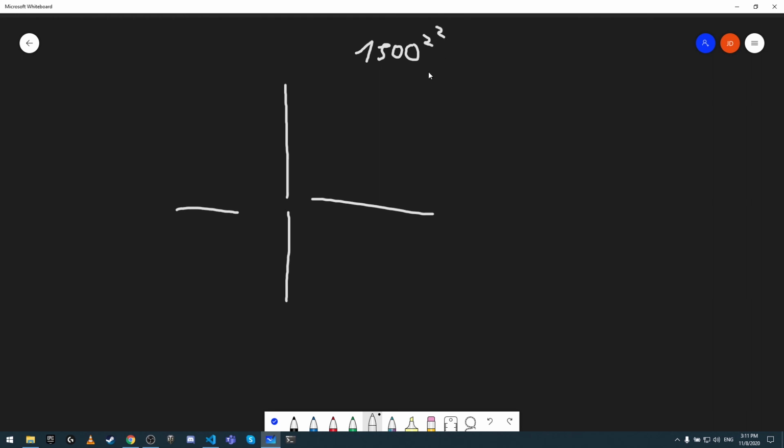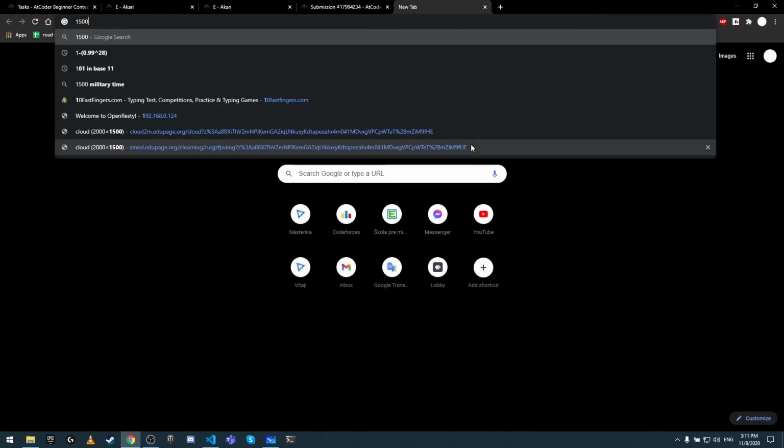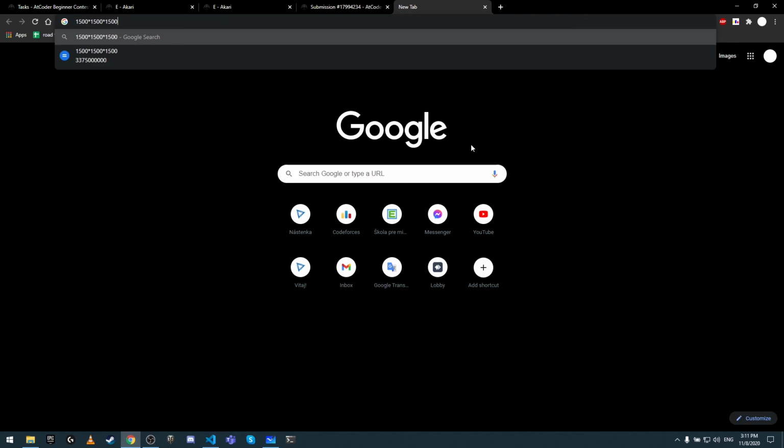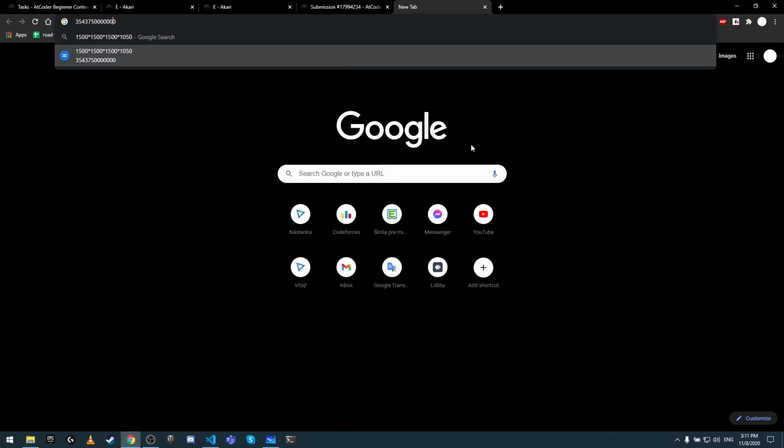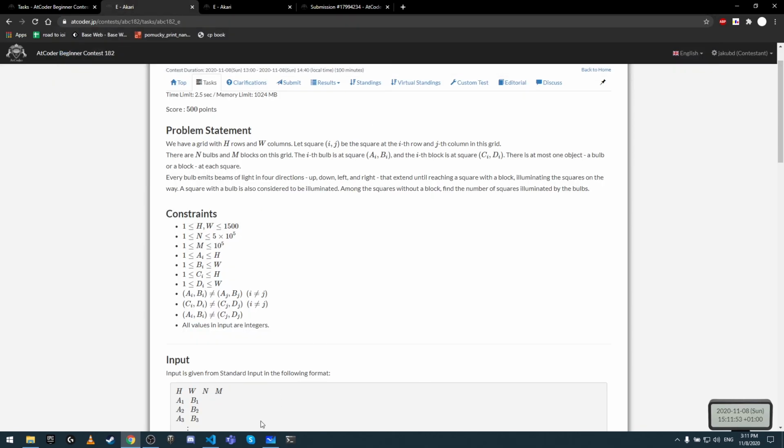Since this is like 1.5 times 10 to the power of 3, squared it's 1.5 times 10 to the power of 6. So we can calculate it, right? We have 1.5 times 1.5 times 1.5 times 1.5. That's a lot, as you can see, but it probably would work, whatever.